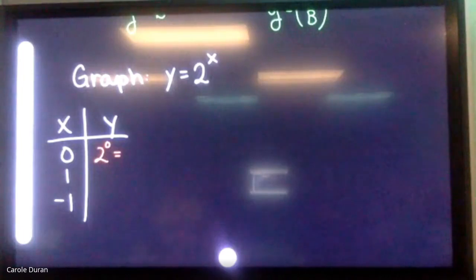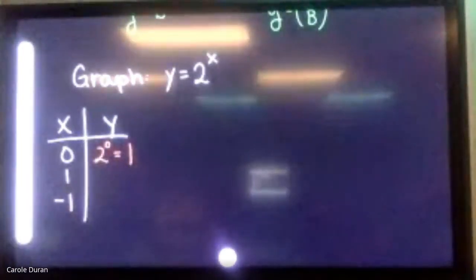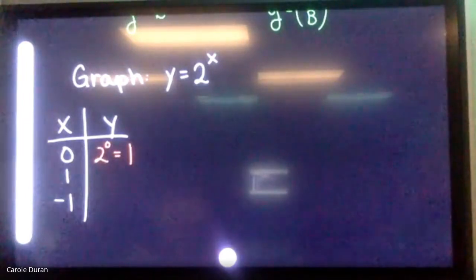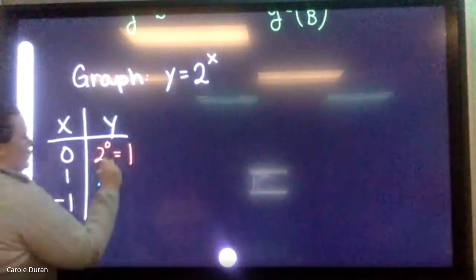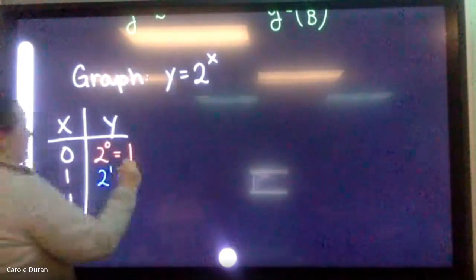Anything to the 0 power equals 1. So you're going to have to remember those exponent rules that we have. If not, you can plug it into your calculator and still get the answer as well. So if I plug 1 in, I get 2 to the 1 power. What does that equal? 2. Anything to the 1 power is just itself.